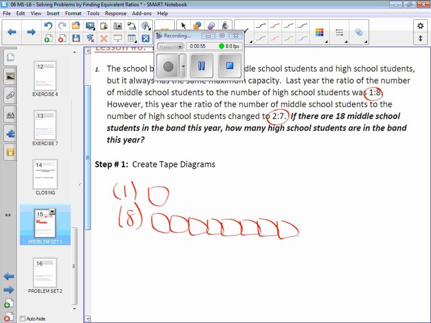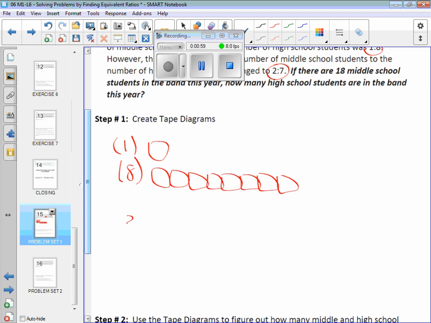That 8? Okay. And I know I'm going to need a 2-to-7. If that's all you were able to do on a quiz or a test, you'd still get some points because everything starts off with a tape diagram.